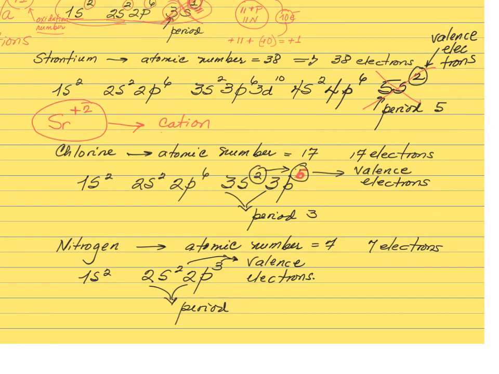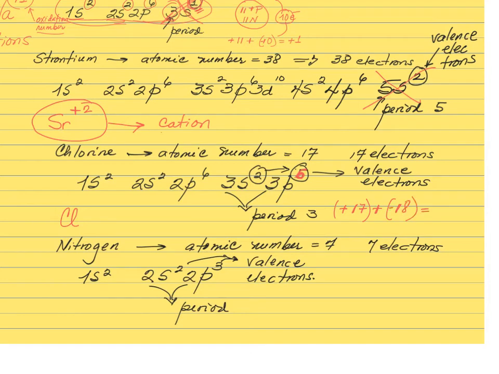And when chlorine accepts an electron, it's not chlorine anymore. Now it's an ion with an extra electron. If we're going to do the math, okay, 17 protons that are positive, plus now we have one more electron, 18 electrons that are negative.